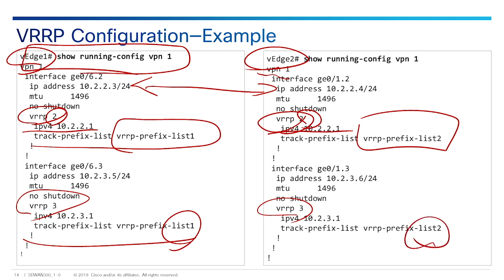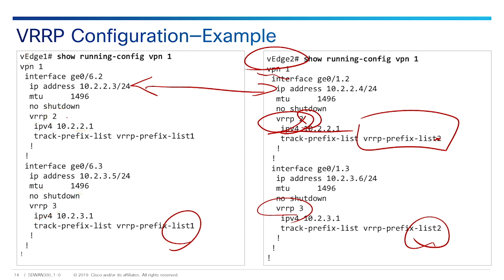The prefix list and the number here is locally significant only, so it doesn't matter that it doesn't match on both devices. Okay? And this is on redundant interfaces. Notice that these are both in VPN 1, and let me bring that back so you can see it. So both of these interfaces, even though they're separate, they are both functionally under VPN 1, and the same thing on the other side. Okay? So this is service-side redundancy.